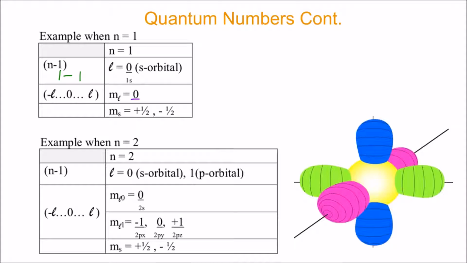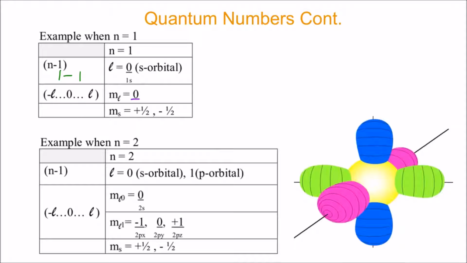Here's a better picture of what that second energy level would look like than my drawing. Here the yellow in the middle represents the 2s orbital, and then here you see the lobes of the 2px, 2py, and 2pz orbitals and how they are oriented in 3D space.